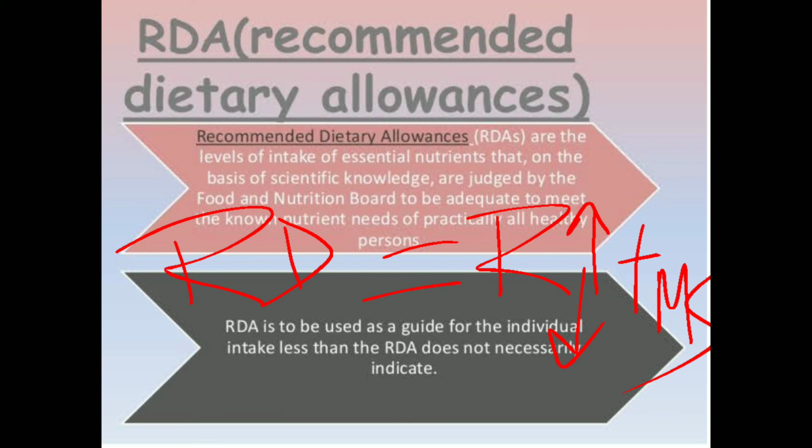We already said that in a balanced diet we need to consume food in the right proportion, in the right amount, in adequate quantity. So the RDA should promote good health and include a safety margin for nutrients.